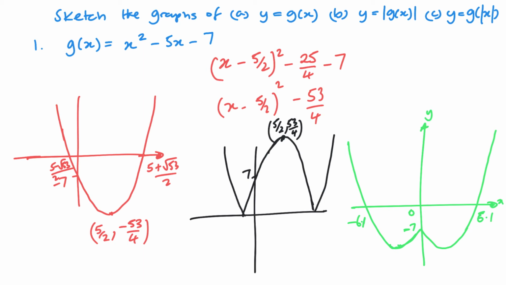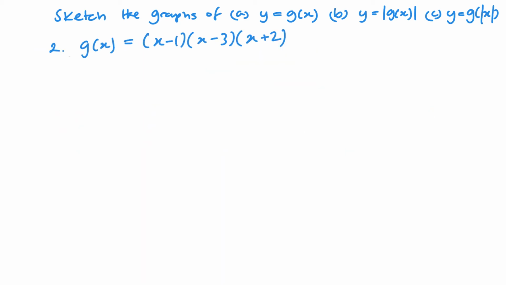The next two I'll just pop the answers up for. Actually, I'll just talk you through the first bit, and then I'll pop the answers up for the rest of it. So when you're looking at this, when g of x is 0, we know that x is going to cross the x-axis at 1, 3, and then negative 2.